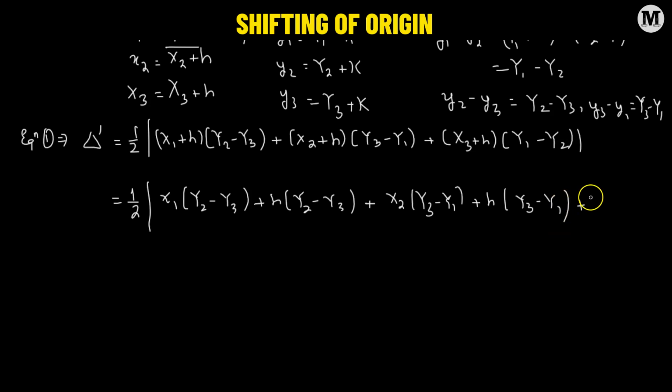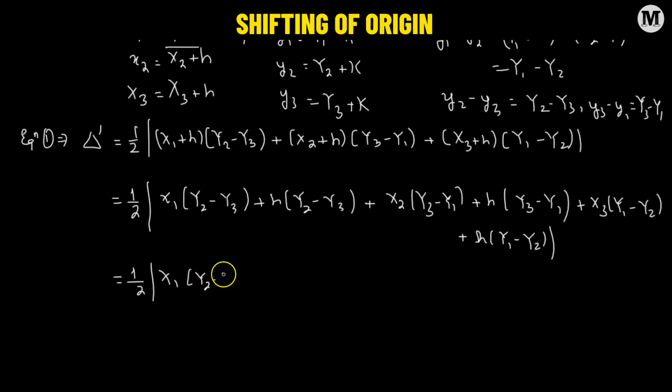Plus we have X3 multiplied by Y1 minus Y2, plus h multiplied by Y1 minus Y2. So this will be equal to half multiplied by X1 times Y2 minus Y3 plus X2 times Y3 minus Y1 plus X3 times Y1 minus Y2, plus the h terms.